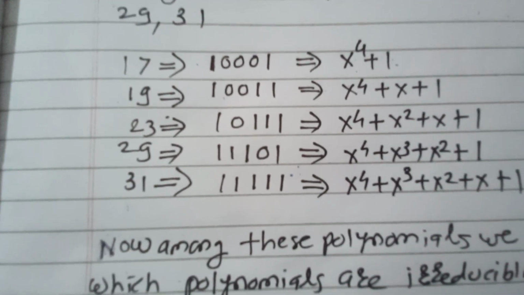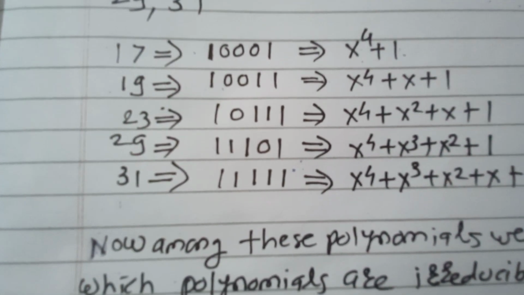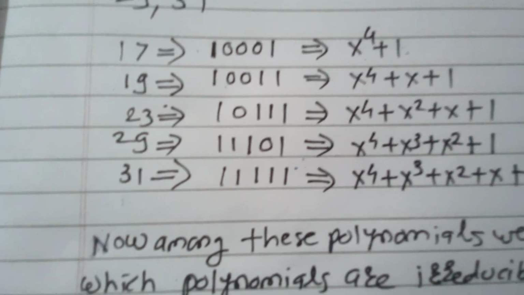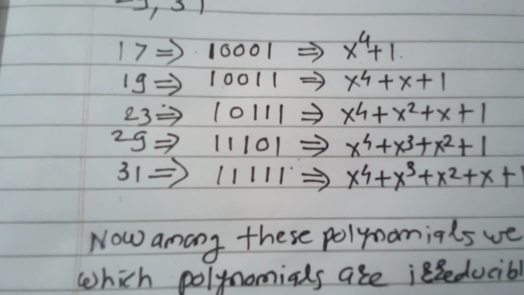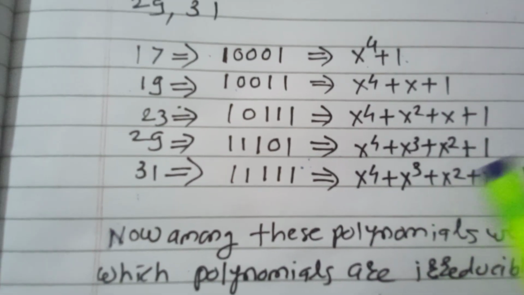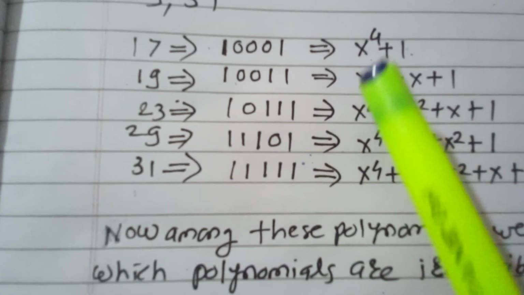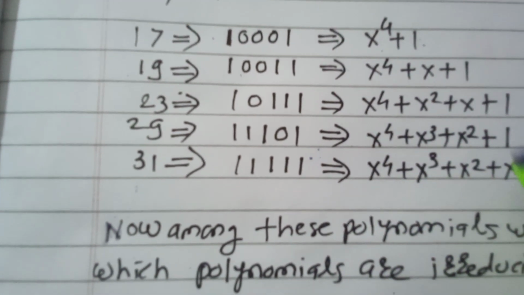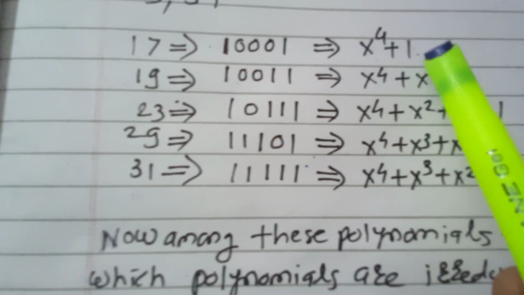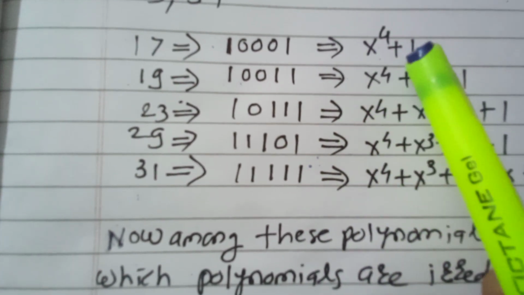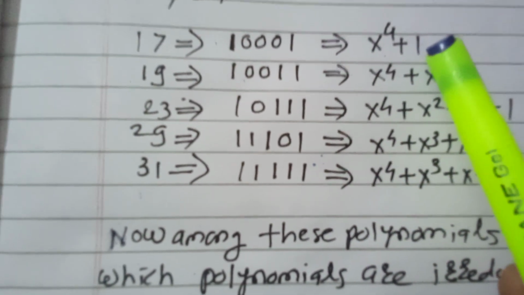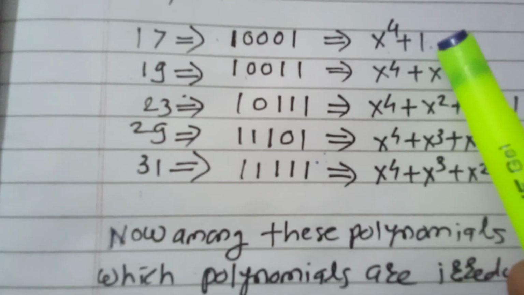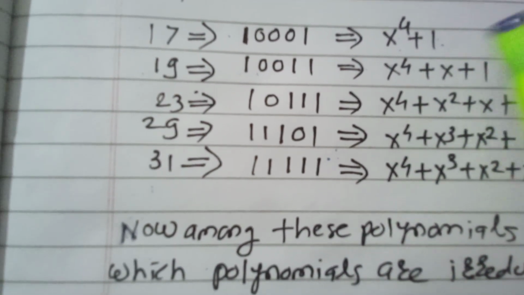In case of 1, even ones give 0 and odd ones give 1. So we count how many terms are there. Here the terms are 2, so 1 plus 1 is 0. So it has 1 as a root, and it is not irreducible.